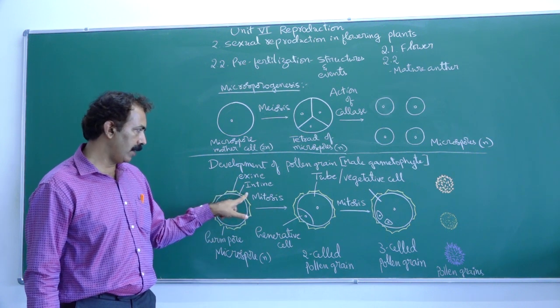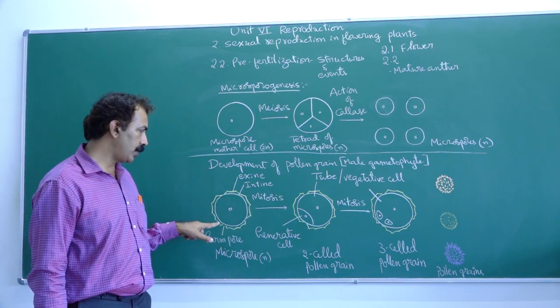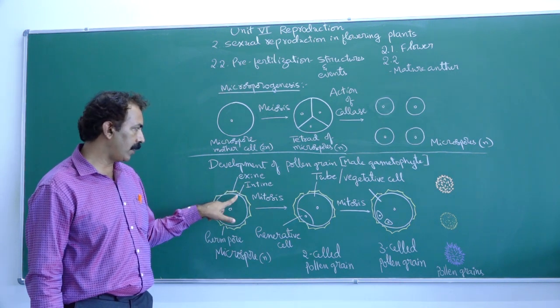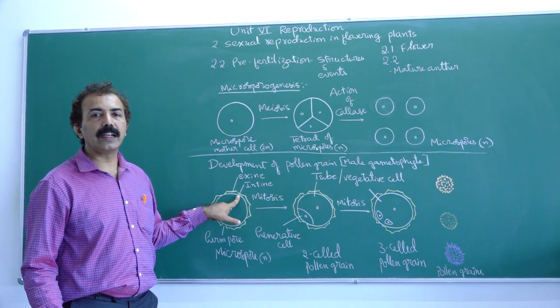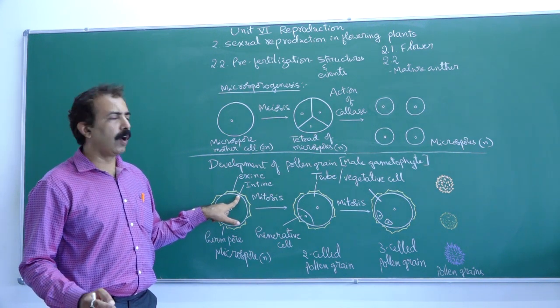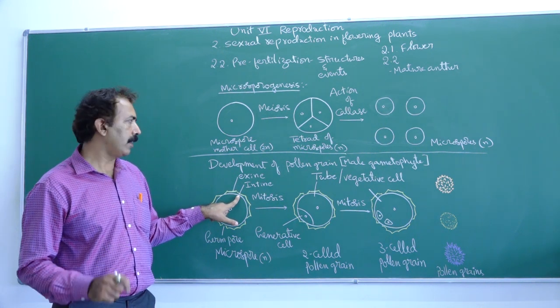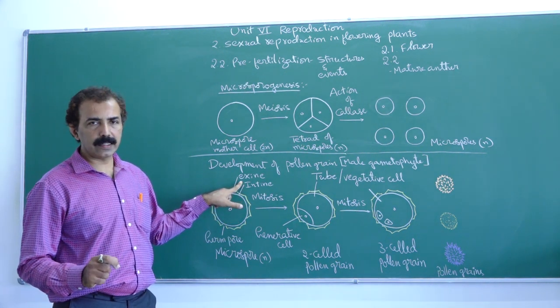So this line represents an additional cell wall. Already there is a cell wall written in white color. It's called intine. On this, a new cell wall material is laid. We call it exine.